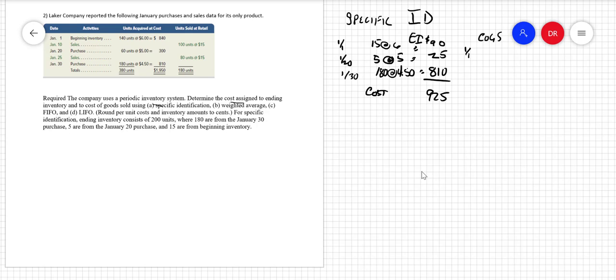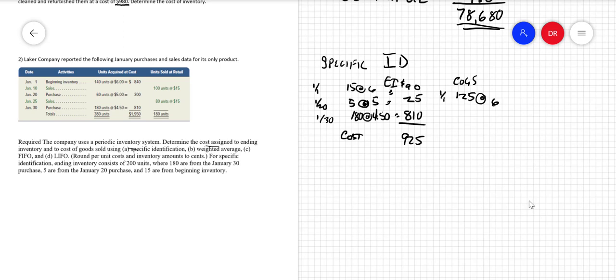Well, we had a total in January 1 of 140 units. That means 125 are in cost of goods sold. Okay, 125 plus 15 is 140. So 125 at $6. That's going to be $750.